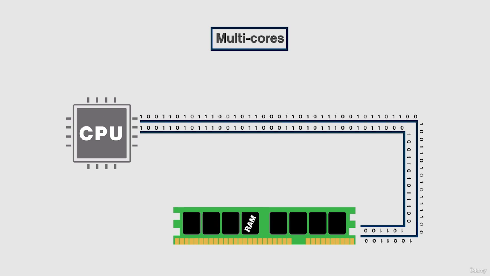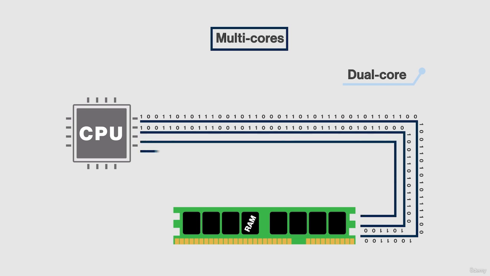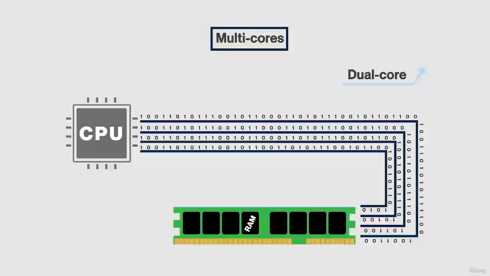And if we go from a single core and add one more core to that, we call that a dual core. So now effectively, our traffic, our data going to and from, has two lanes to go in. And then if we add another two, because remember, everything in computing is done in powers of two, we create what's called a quad core CPU.